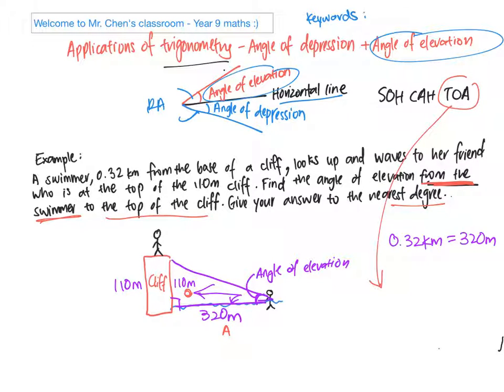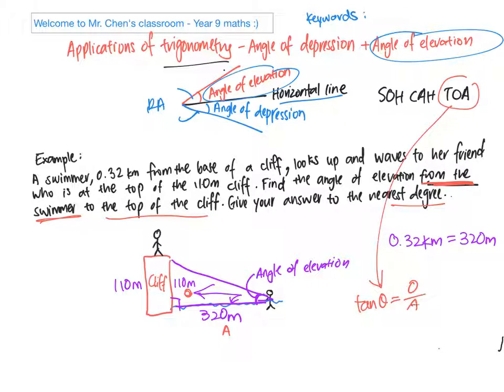Okay, so tangent of the angle equals opposite over adjacent. So what should you do next? All you have to do is put in the values of opposite and adjacent, and we will be able to solve it relatively easily from there.